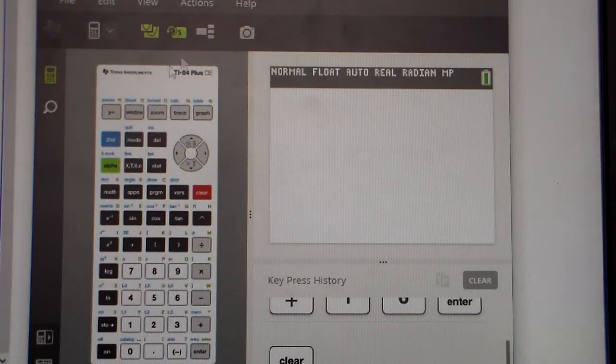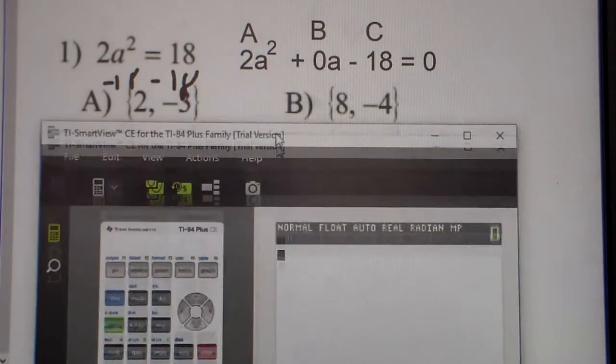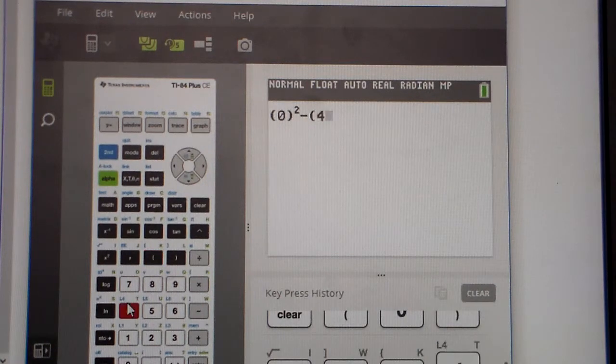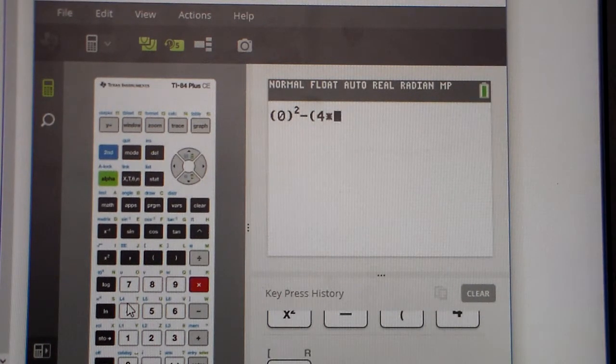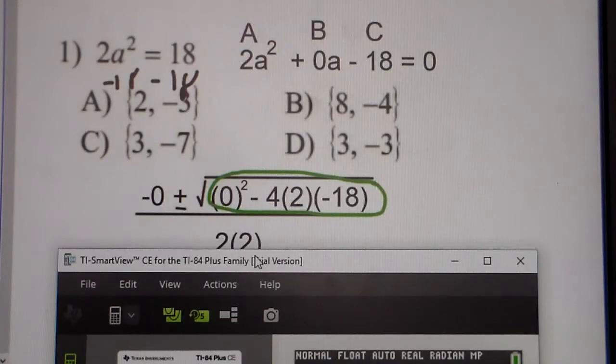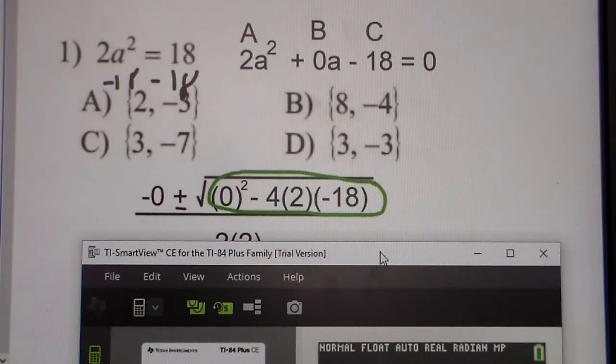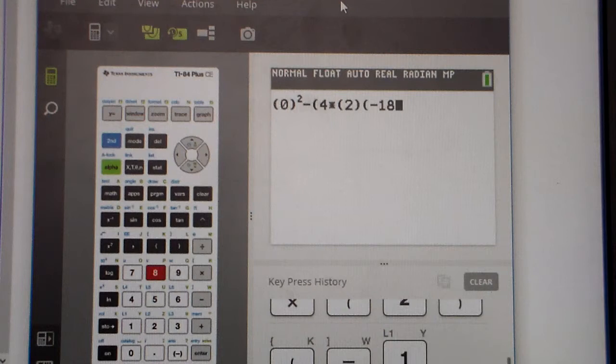So I'll pull up the graphing calculator, and I'm going to do 0 squared minus 4 times our a value, which in this case is 2, times a negative 18, and I close the parentheses up.